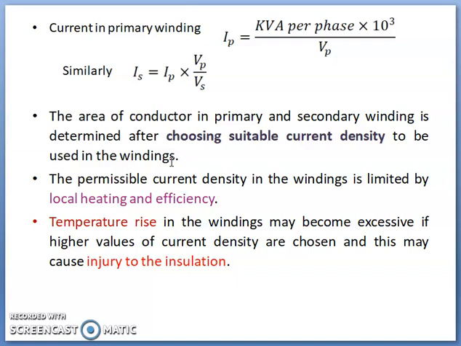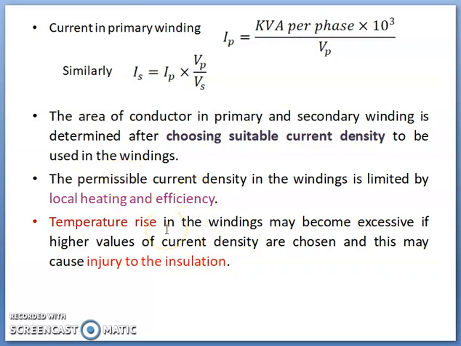And to get area of cross-section of primary and secondary winding after calculating primary and secondary current, a suitable value of current density must be chosen. Okay. And while choosing a suitable value of current density, the designer has to see that permissible current density should be chosen such that there is no local heating as well as reduction in the efficiency.